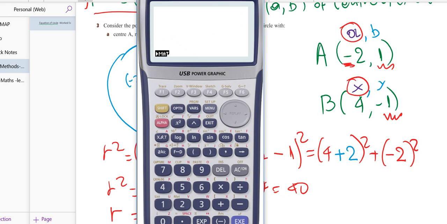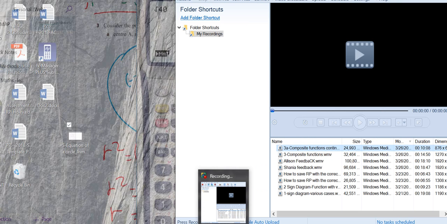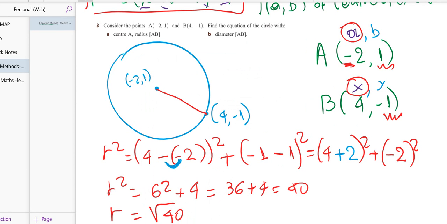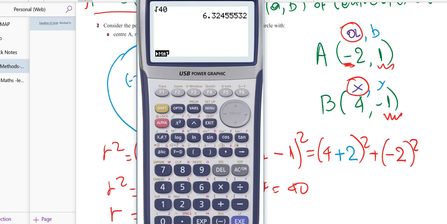By the end of this lesson, you will have that emulator on your laptop, so you will be able to work on this. I want you to find the square root of 40: shift, 40, exit, and this is your answer, 6.32. Two decimal places, please remember.